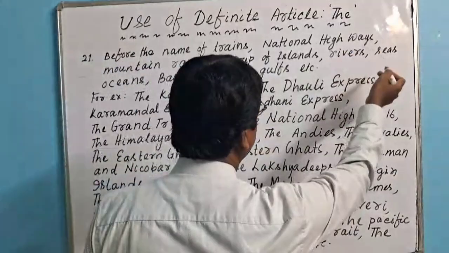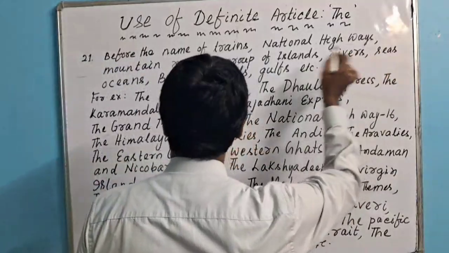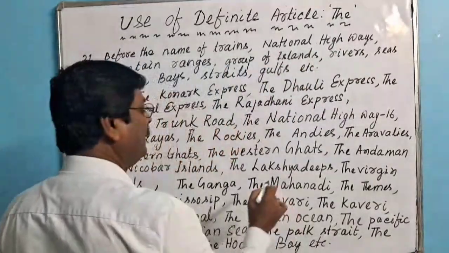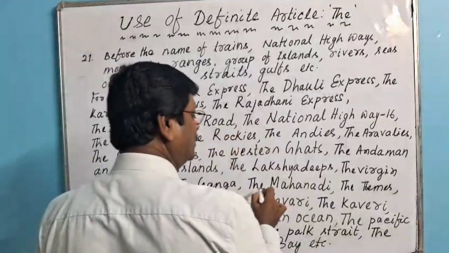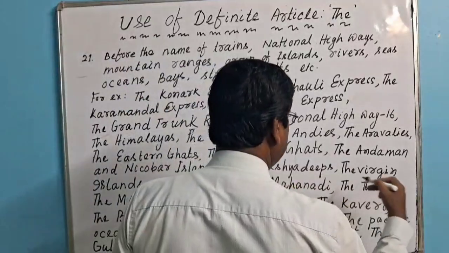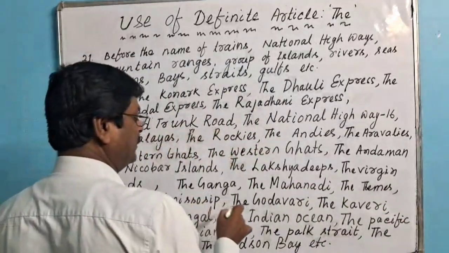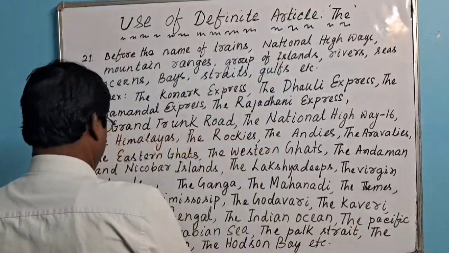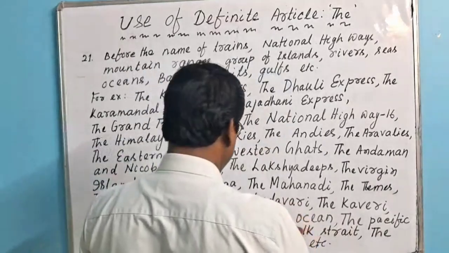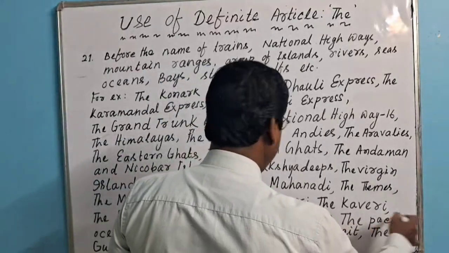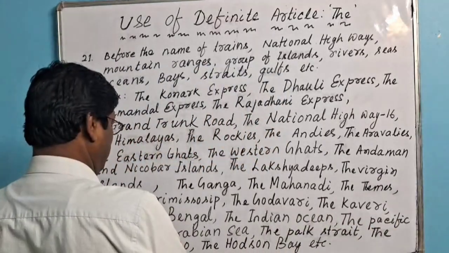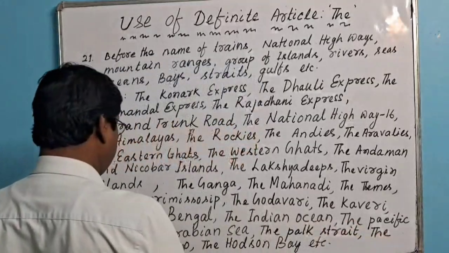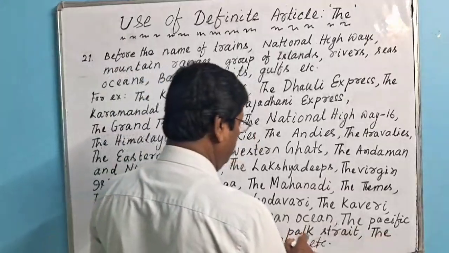Similarly, the is also used before the name of rivers, seas, oceans, bays, gulfs, etc. For example, the Ganga, the Mahanadi, the Thames, the Missouri, the Mississippi, the Godavari, the Kaveri, the Tapti, the Bay of Bengal, the Indian Ocean, the Pacific Ocean, the Arabian Sea, the Palk Strait, the Gulf of Mexico, the Hudson Bay, etc.